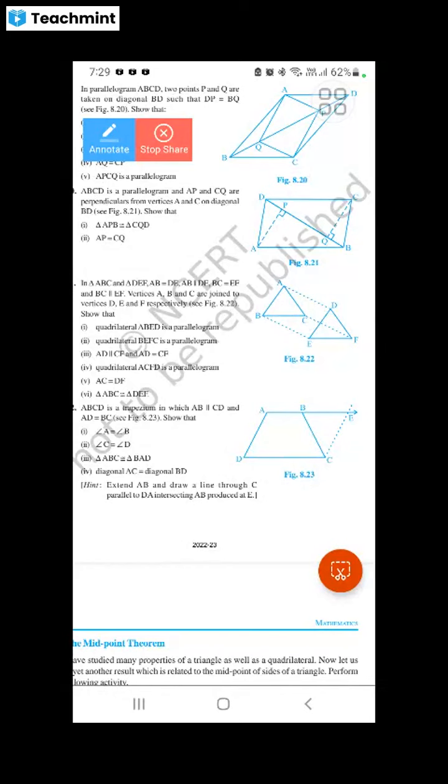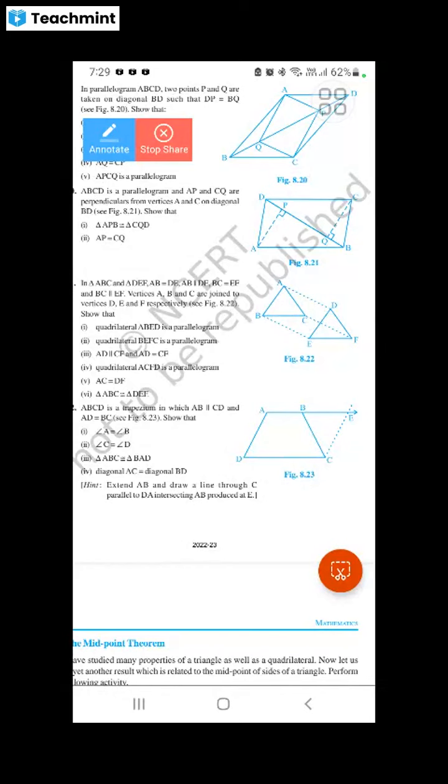Next thing is AD is parallel to CF and AD is equal to CF. We have to prove. Since ABED is a parallelogram, the opposite sides will also be equal. Which?